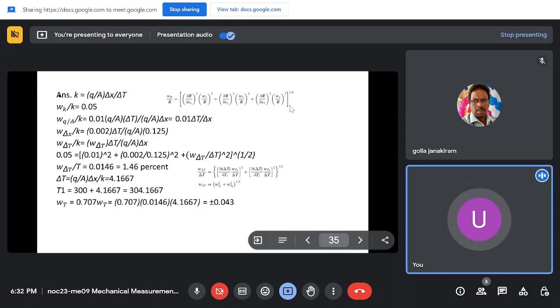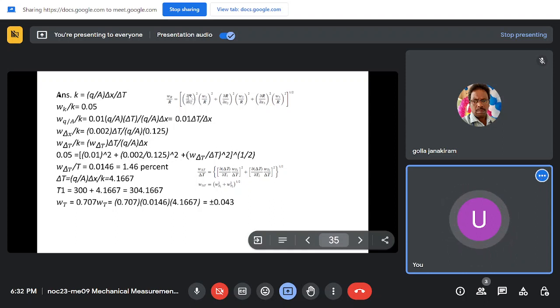So we express all, we find out W. If you see the uncertainty for the product rule, that can be written as per this expression: WR by R equals the square root of dou R by dou X1 whole square, W1 by R, and so on. In this case, R is the K value, the expression which I have to calculate. So WK by K is already known, so the rest of the expression we have to calculate.